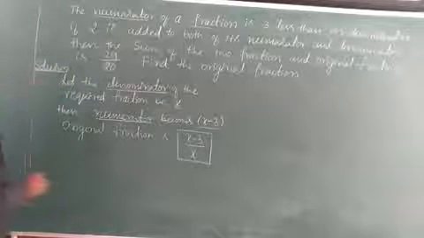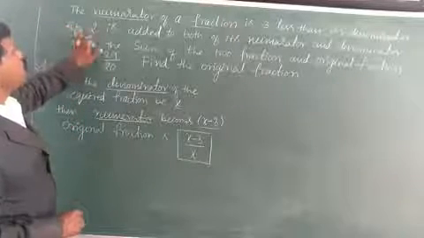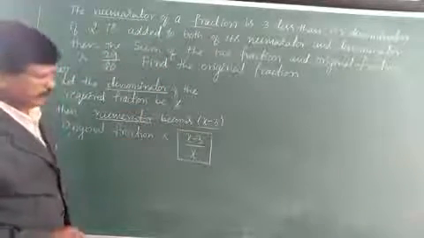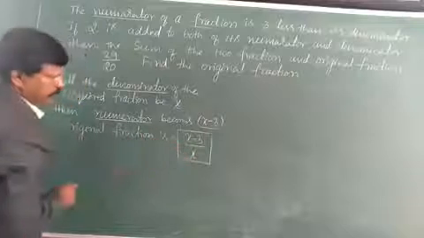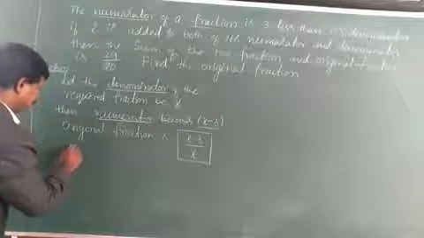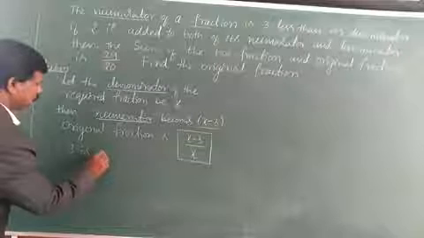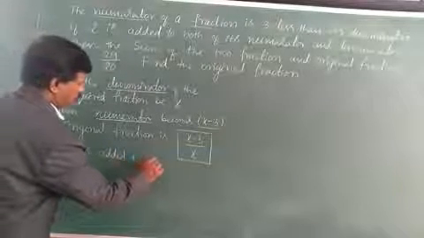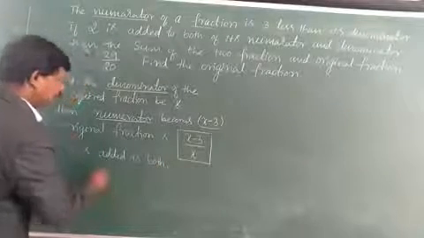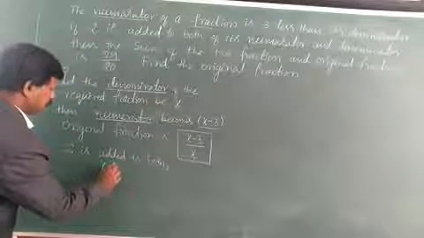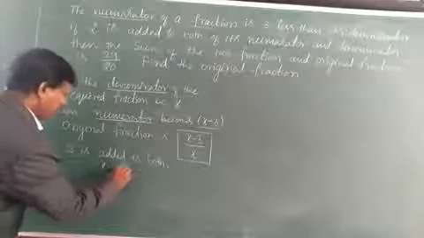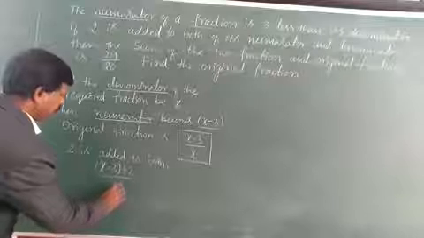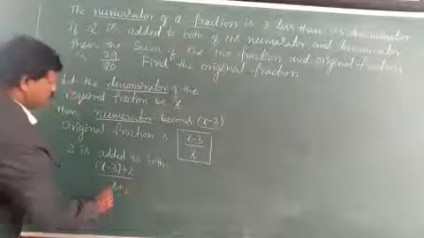Solution. Now if 2 is added to both its numerator and denominator, here is the fraction, 2 is added to both, that means x minus 3 plus 2 by x plus 2.